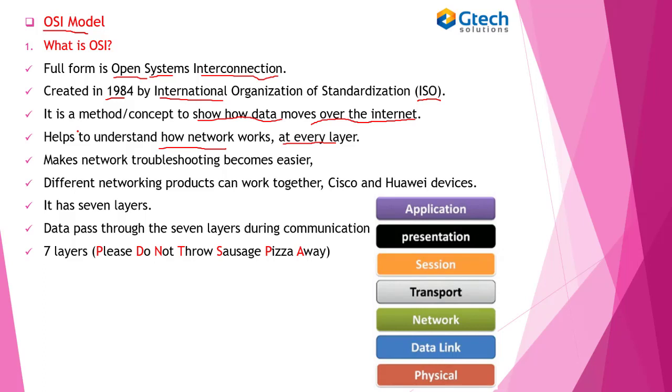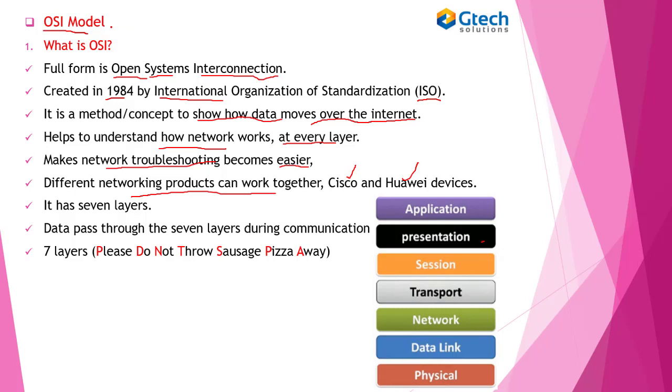Some advantages of this model include that it makes network troubleshooting much easier, and different networking products can work together in the network, like a Cisco router can work with a Huawei switch.